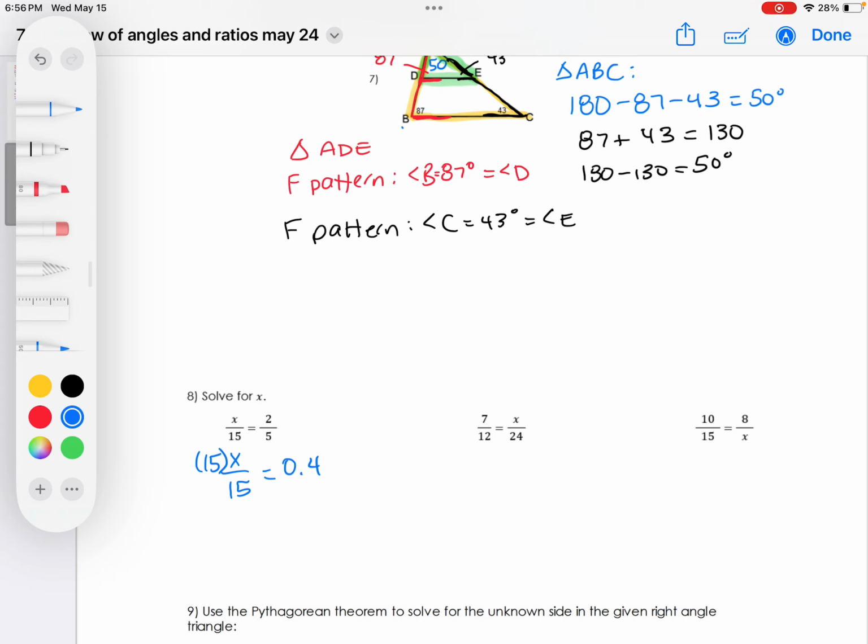So I have essentially isolated the x value so that it's all by itself, 1x. Okay? Once you multiply by 15 on one side, of course we have to do that on the other side, and your answer is going to be 0.4 times 15, which is 6.